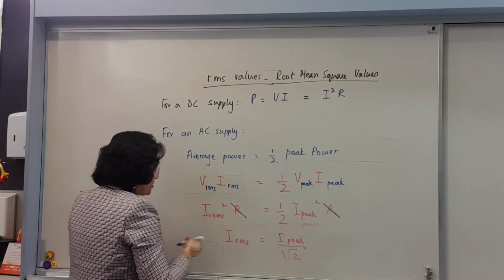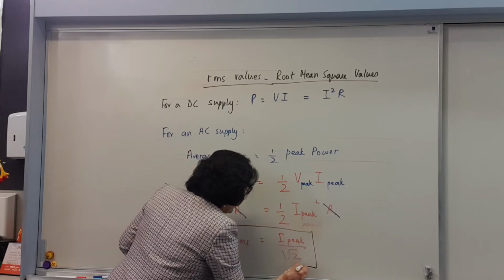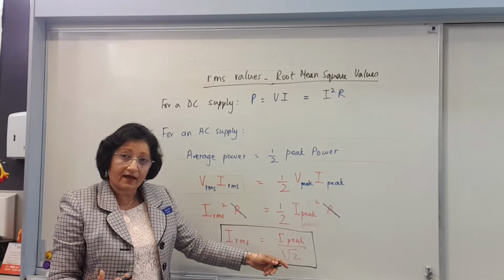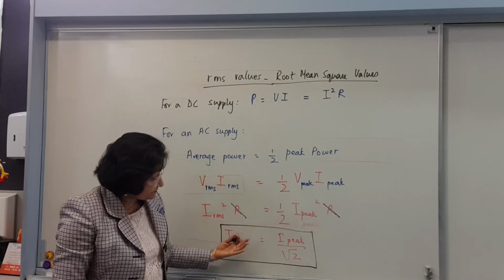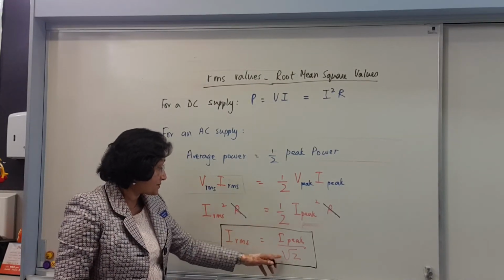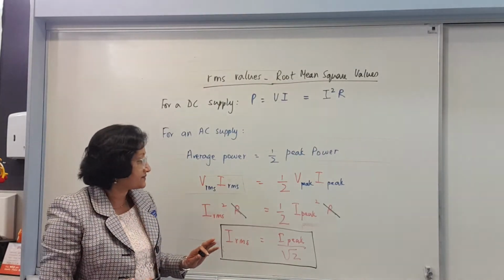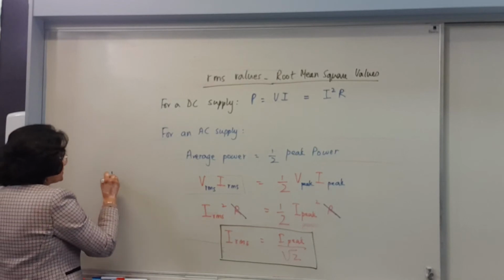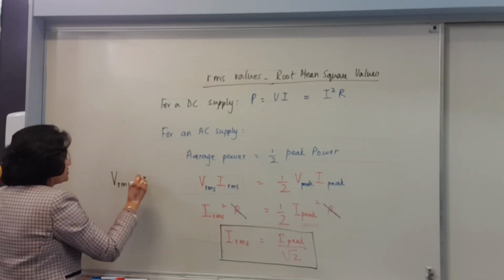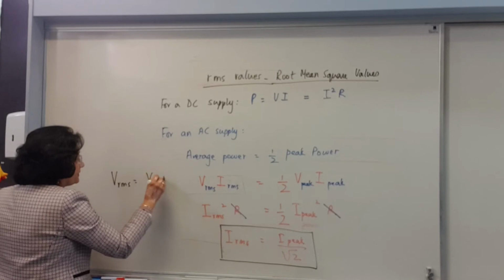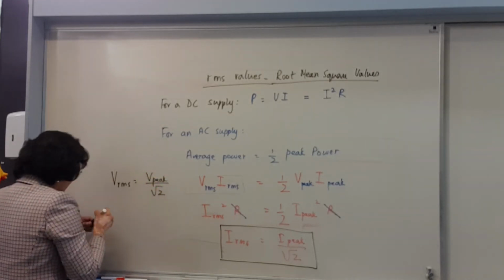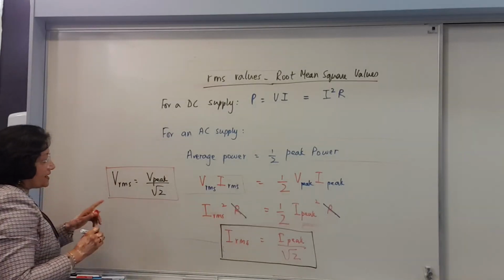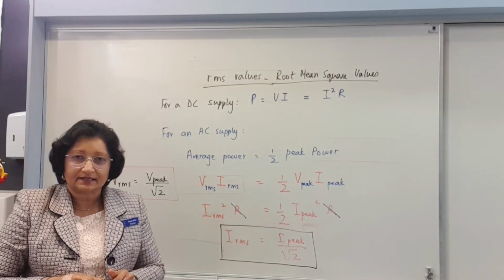And that is how you get the RMS value if you've given the peak value, or if you know the peak value, you divide by square root 2 to get the RMS value. So for the voltage as well, you have a similar equation. So V RMS is equal to V peak divided by square root 2. So that's how you get your RMS and peak values for an AC supply.